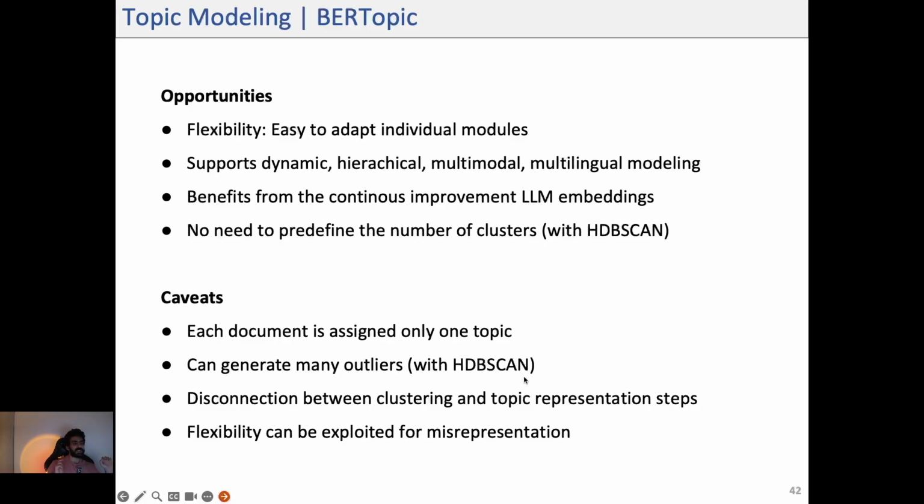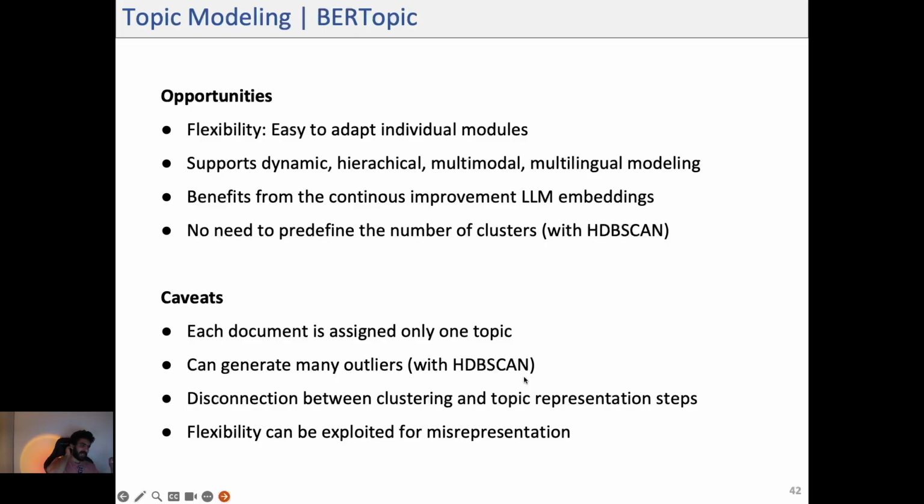There can also be a disconnect between clustering and topic labels. For example, a cluster may perform very well in the embedding space, but the top keywords from the c-TF-IDF step may not be fully coherent. You see it actually in action.